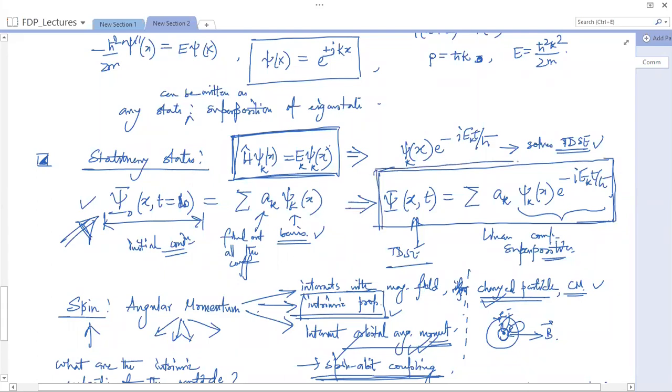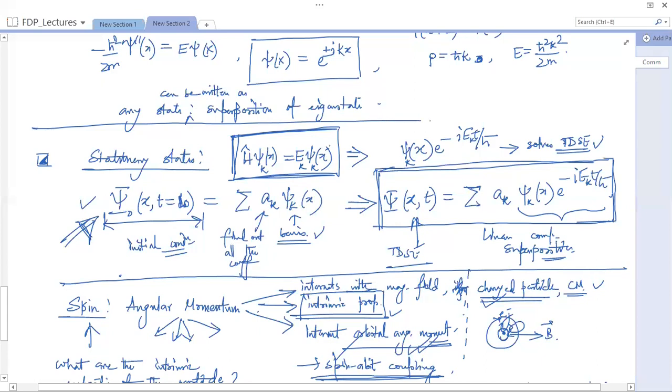This is the easiest way to show the time evolution. There are more formal ways, by applying the unitary time evolution operator, but you will get exactly this same equation. That's why you only solve for the energy eigenstates, because they give you the time evolution.